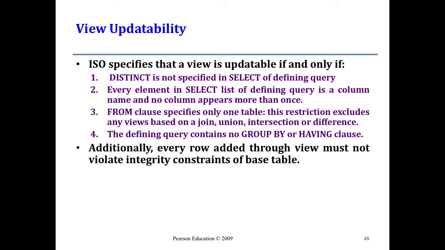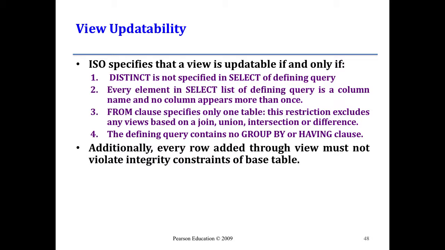It was an aggregation. So essentially what it's saying is that every element in the select list of the defining query must be an actual column in the base relation. It can't be a derived column. Okay, same thing. You can't divide by 12.